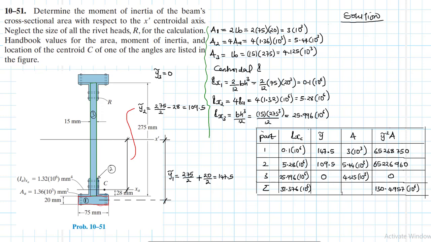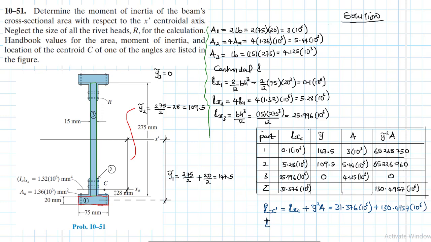Okay, so finally let's write down the moment of inertia. Moment of inertia about x prime is equal to moment of inertia about the centroidal axis plus y curled squared times area, which gives us 31.376 times 10 to the power 6 plus 130.4957 times 10 to the power 6.